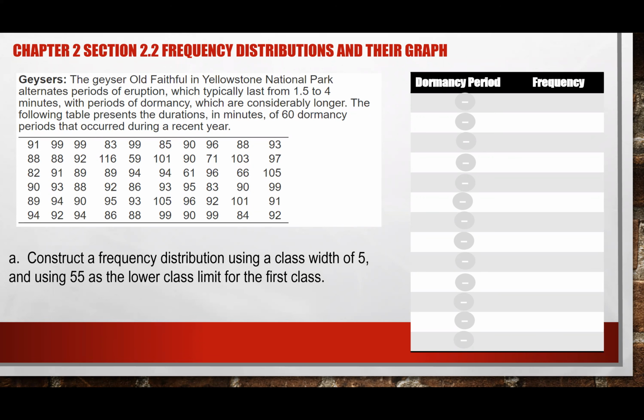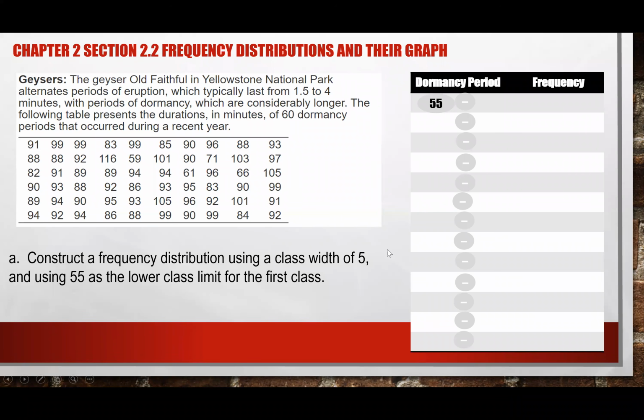So we will do that later, but for now, they tell us we want to use a class width of 5 and a lower limit of 55, which means the lower limit of the first class is 55. That's my lower limit, right?